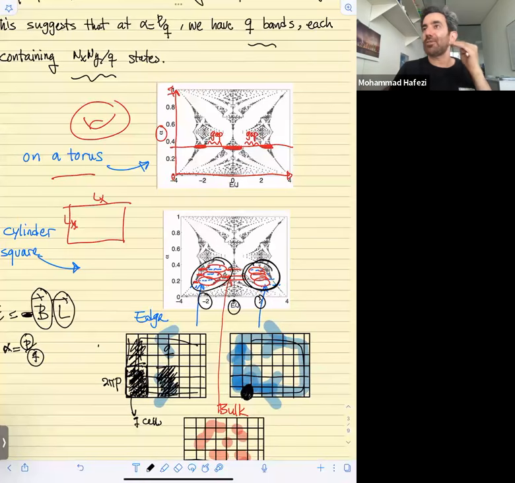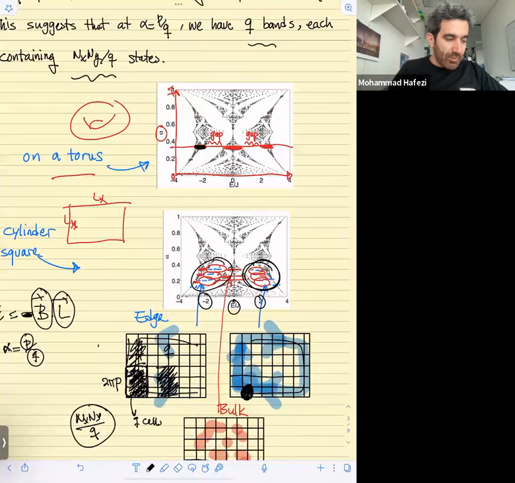So for each of these q bands, the problem reduces to a tight binding model, where each of those has these many states. So over here, for example, for alpha 1/3, you will have 3 bands, and each of them will have NxNy over 3 states. Okay.